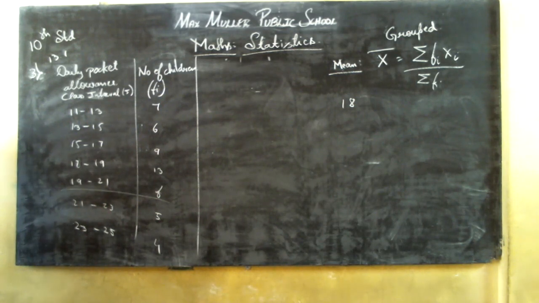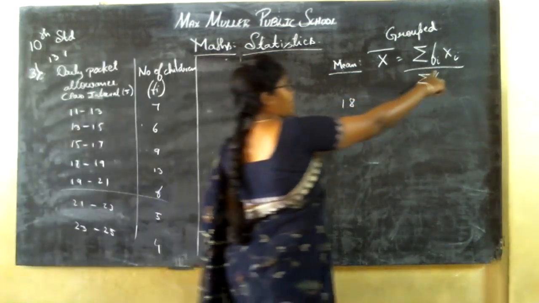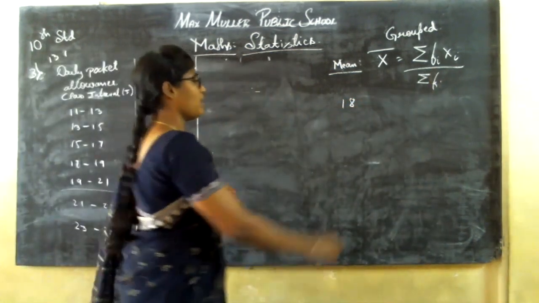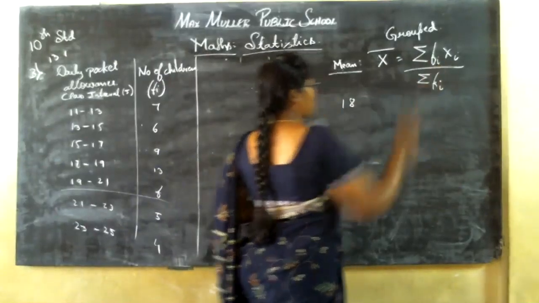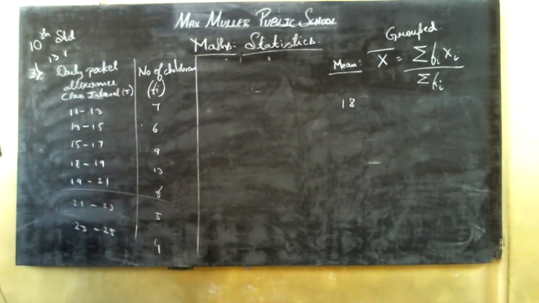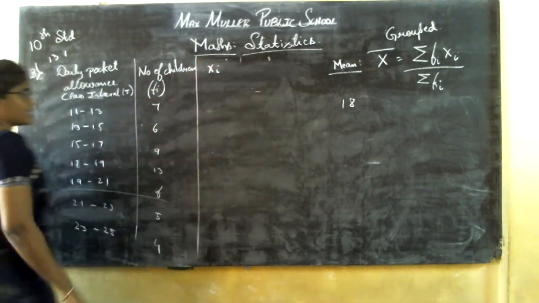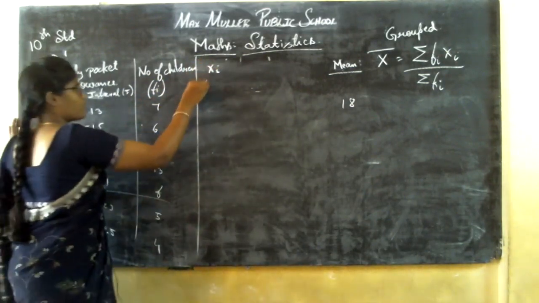So these are the information given. So if you want to calculate the mean, what is the formula? X bar is equal to sigma Fi xi divided by sigma Fi. Or you can say it as summation of Fi xi divided by summation of Fi. So what is the next column we need to find? The next column is the class mark. So what is the formula for finding the class mark?